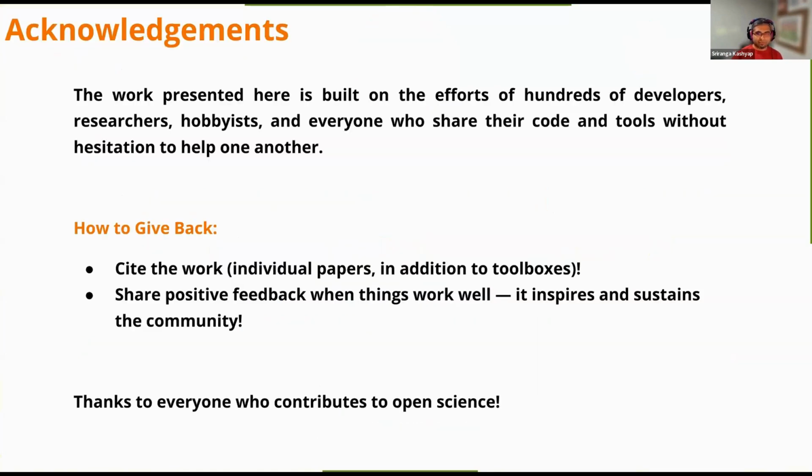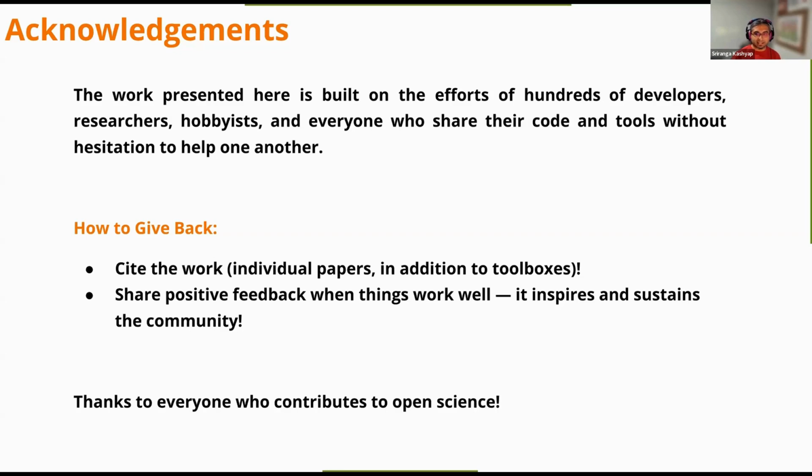Before I get started, I just want to make sure that everybody realizes that the work that I'll present is built on efforts of many developers, researchers, hobbyists, and they share their code openly without any hesitation so that it helps one another. One of the things that you can do to give back is to cite their work quite generously.